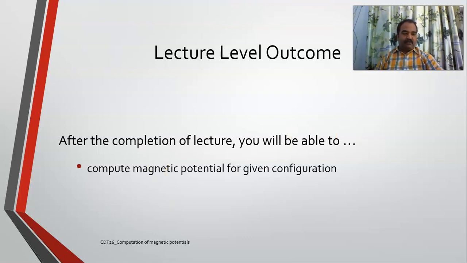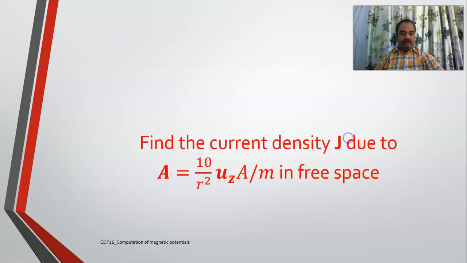for different current configurations. Coming to the first problem, find the current density J due to A is equal to this value, and he is mentioning that the medium is of free space. If the medium is of free space, it indicates that we know that mu is equal to mu naught into mu r, and mu r is equal to 1.